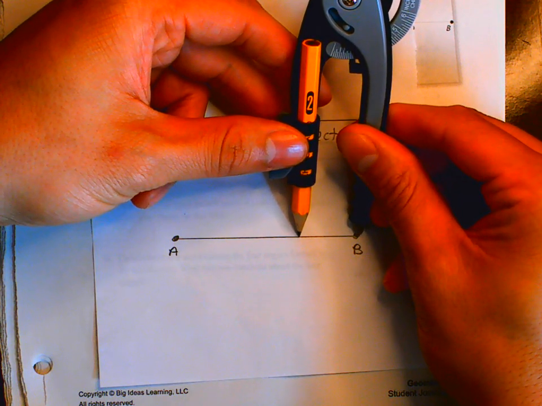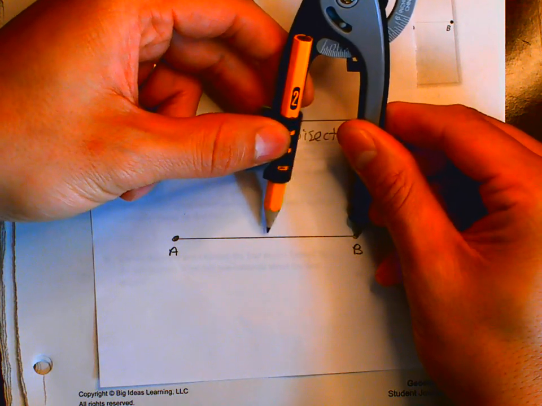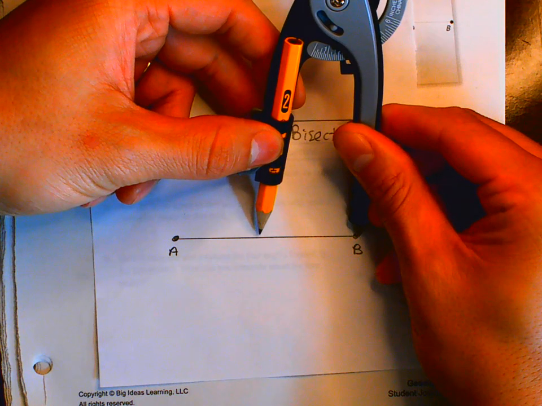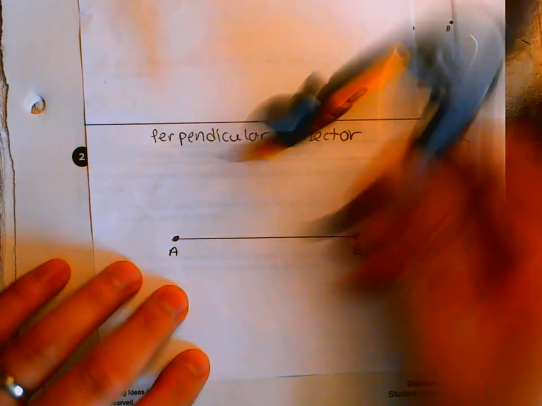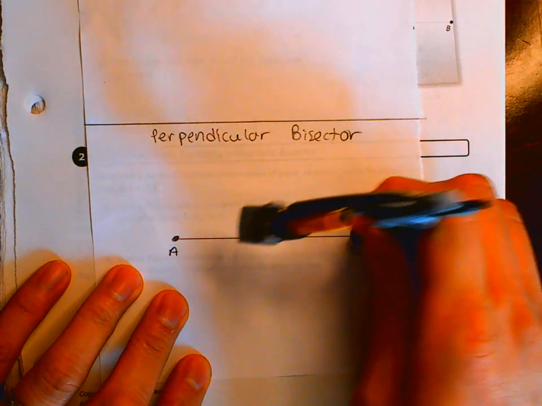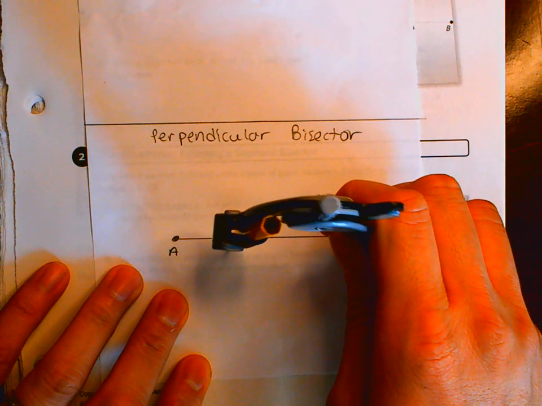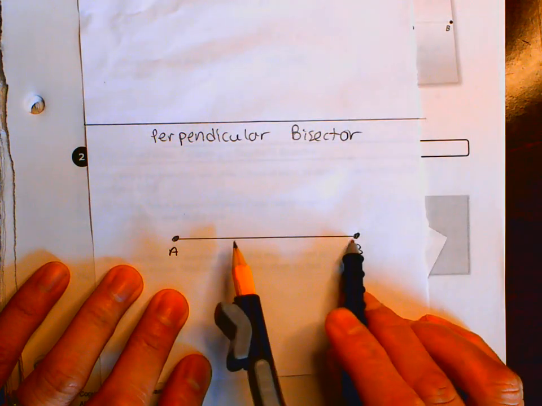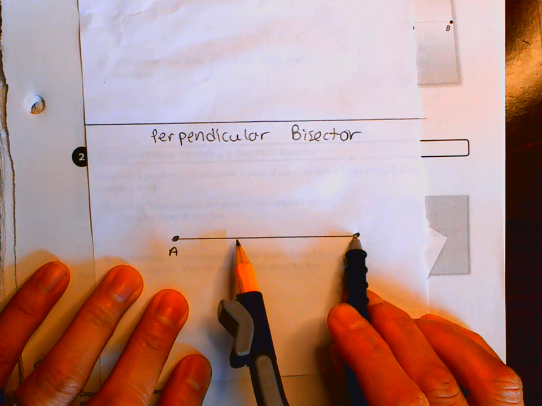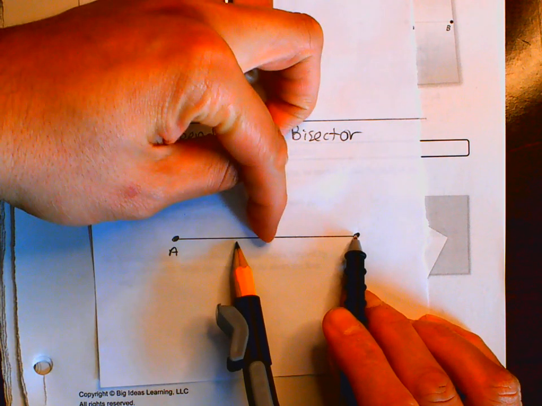For example, this would be too small. This would be almost enough. So maybe just a little bit more. All I have to make sure is that my distance is more than halfway. So halfway is approximately right there.